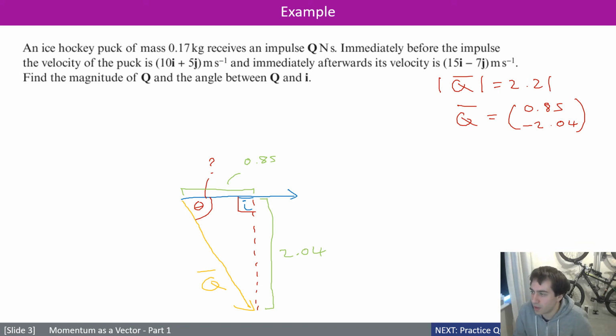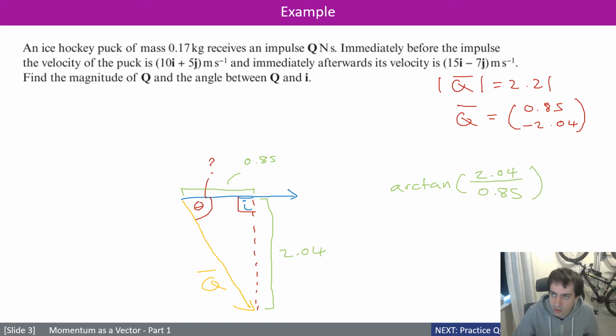And you just want to do arctan of the opposite over the adjacent. We'll stick to degrees just because the textbook's given it in degrees. Technically it wasn't specified. In this case it's 67.4 degrees.